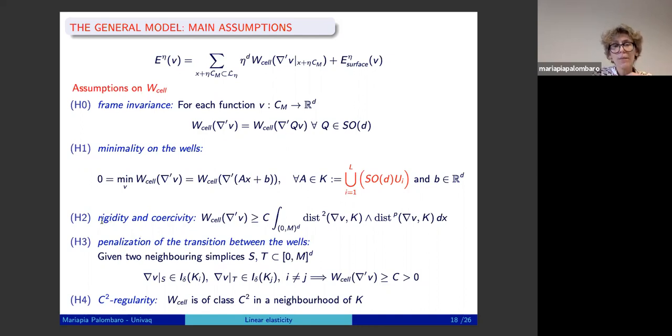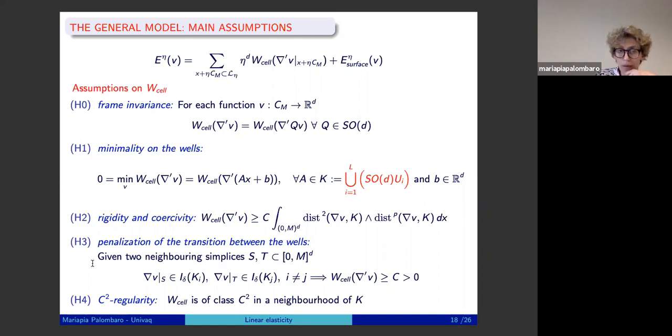We assume some rigidity, a coercivity condition, which says that the energy within a cell is bounded from below by this integral. Here, the gradient of V is the gradient of a continuous interpolation of V with respect to a triangulation of the lattice. So the energy of the cell is bounded from below by the integral of the minimum between the square distance and the p distance.